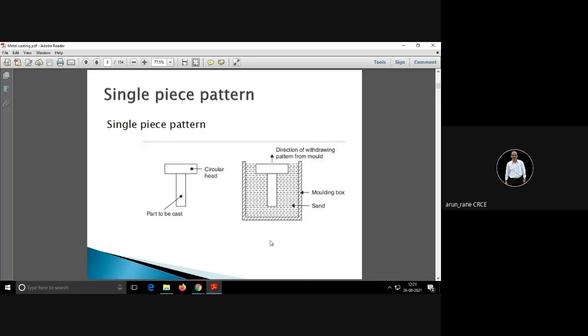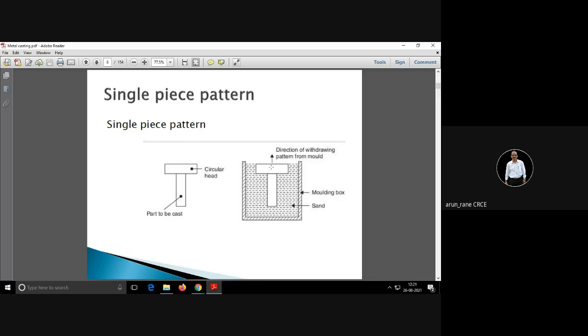So you have to provide some supports which will hold the pattern firmly. Now, these supports are not shown here. And if you are putting the supports, you also have to see that the support will get melted when you are doing casting.